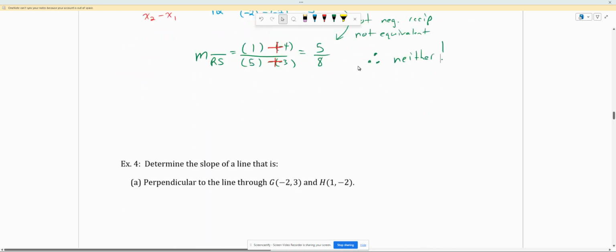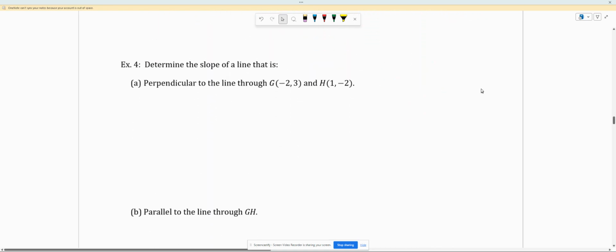Okay. One last question. Determine the slope of a line that is perpendicular to this line. So we're going to create a slope, but we first need this line to create that perpendicular slope. So let's first get the slope of line GH. We're given 2 points, G and H, so let's find the slope of it. Let's label it x1, y1, x2, y2. And so we're going to set up our equation.